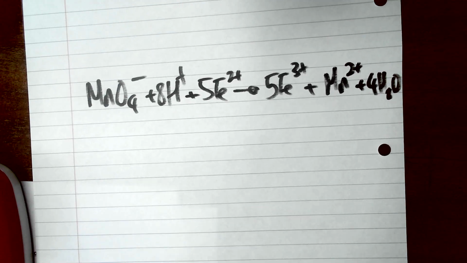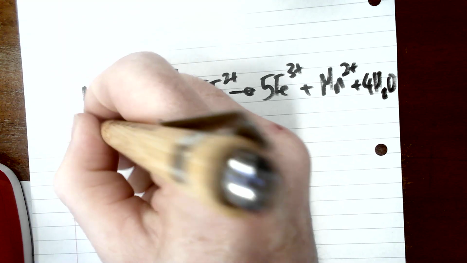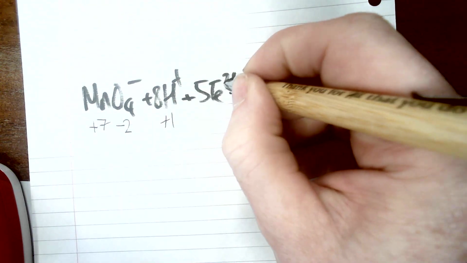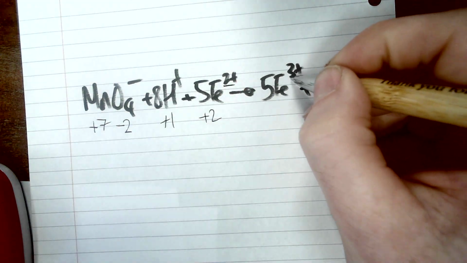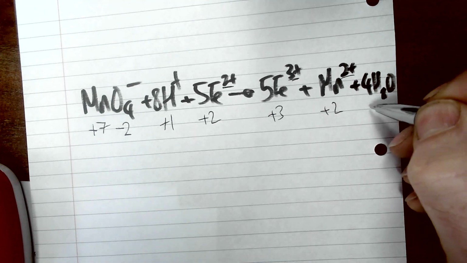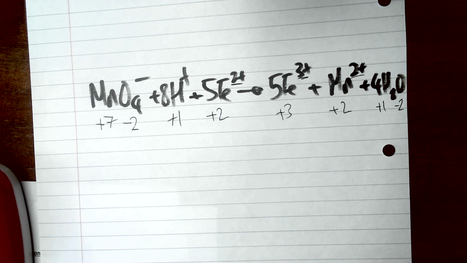I can tell it's a redox reaction because I'm going to do my oxidation states. Oxygen is -2, manganese is +7. H+ is +1, iron 2+ is +2, iron 3+ is +3, manganese 2+ is +2, hydrogen is +1, oxygen is -2. I know I'm quicker than you, but just deal with it.